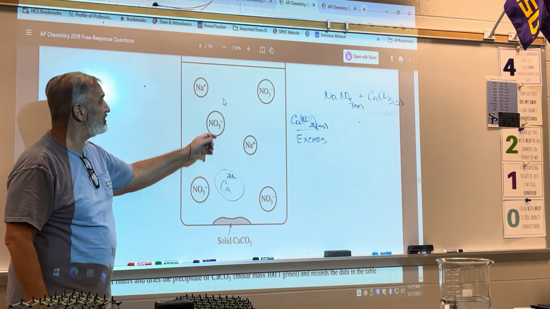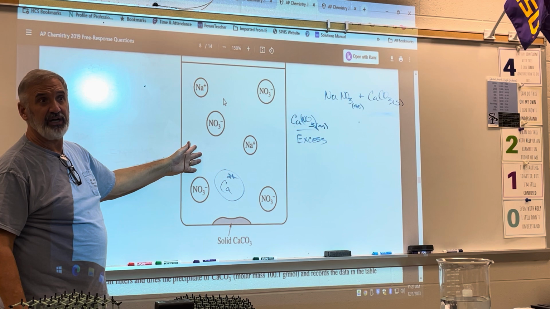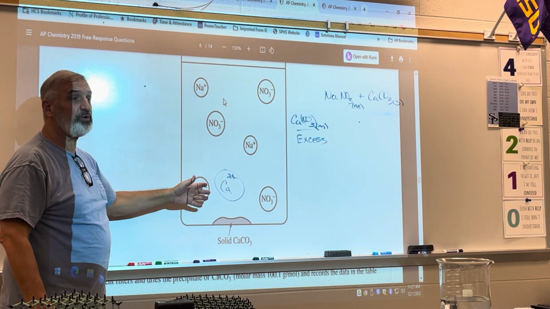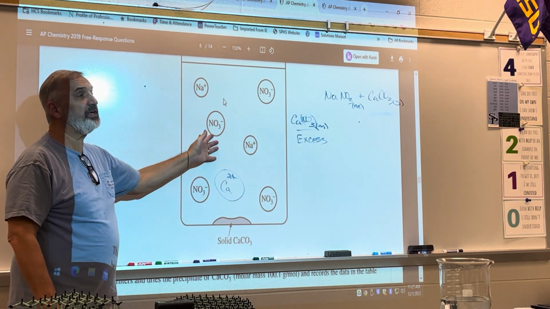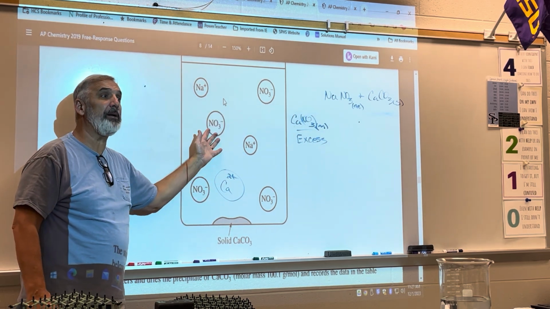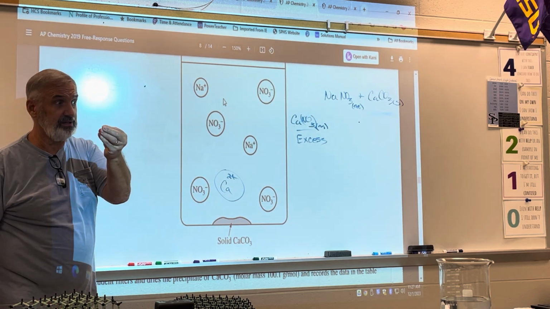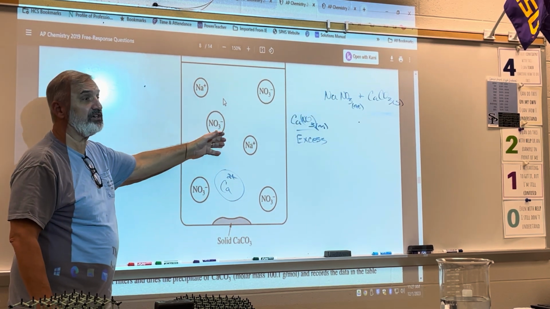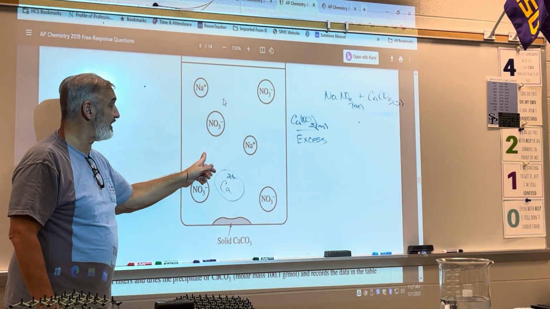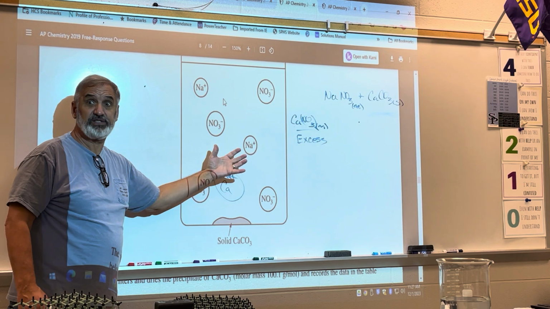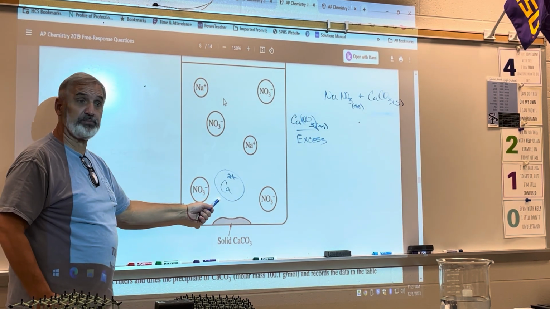Number two, the solution is always neutral. I was actually at the reading for this year. I didn't grade this question, but this question was highly missed because people just threw in calciums all over the place. They didn't worry about balancing the charge. They remembered excess, but they just put in a bunch of calciums, and no other nitrates. Now, if you put in more calciums and more nitrates, that's fine. It just has to stay balanced. But the easiest thing, all they wanted you to do is put one calcium.